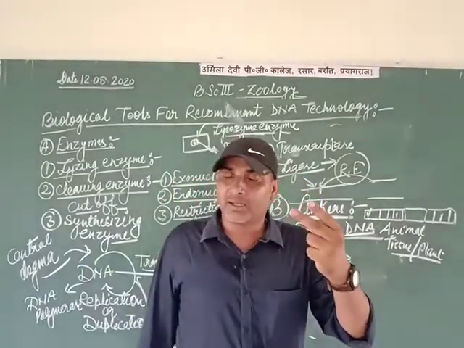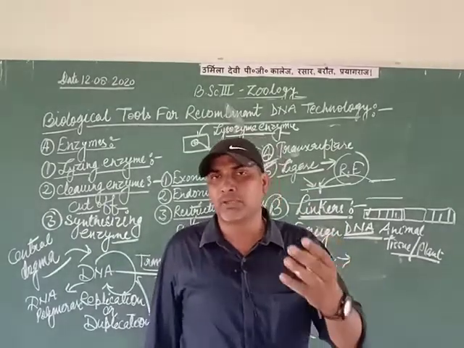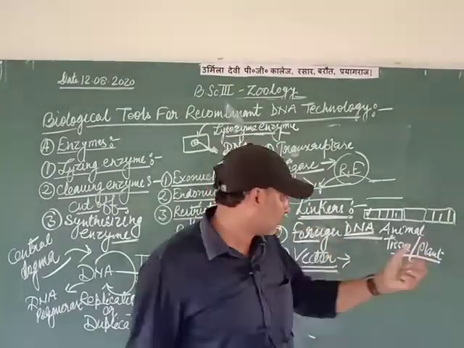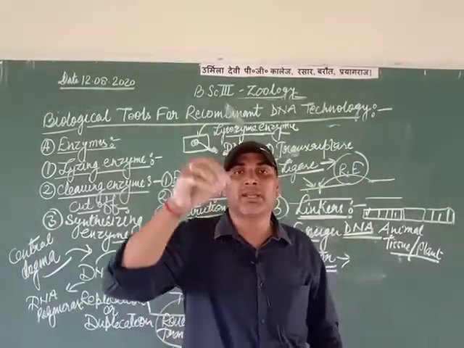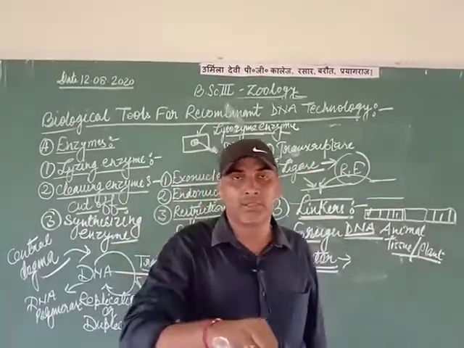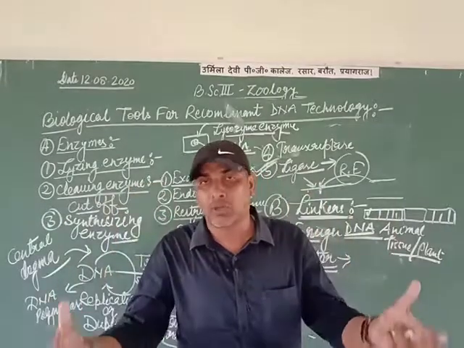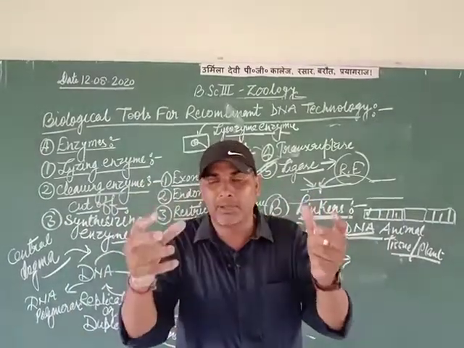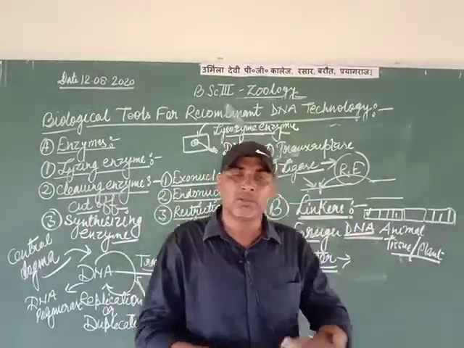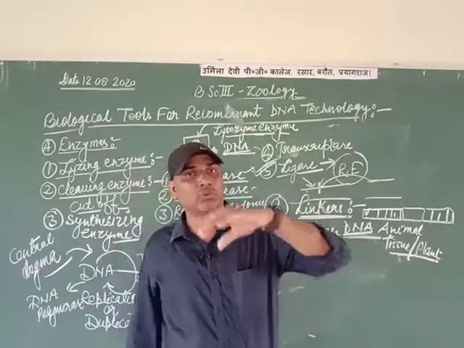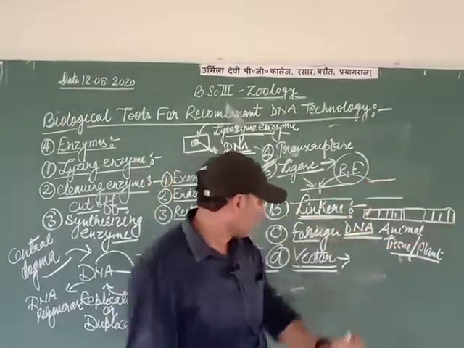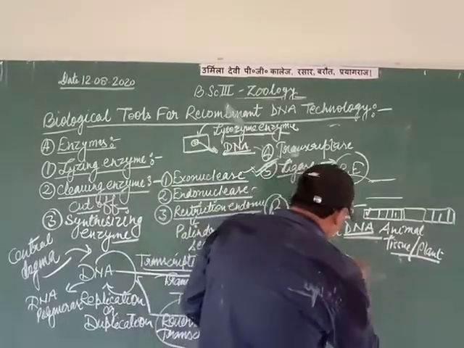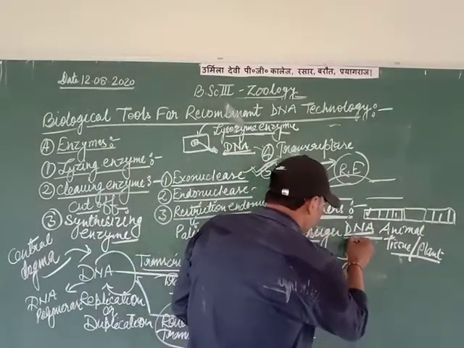Second is its capability or potential to take up foreign DNA. Third, when introduced into the host, it proliferates, forming numbers of clones, and then is finally used in different fields. So the vector takes up the foreign DNA.